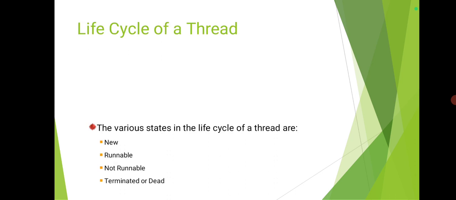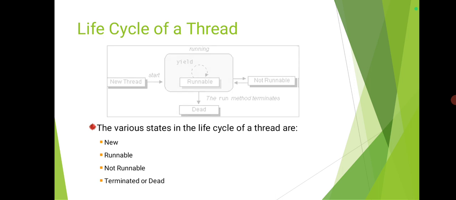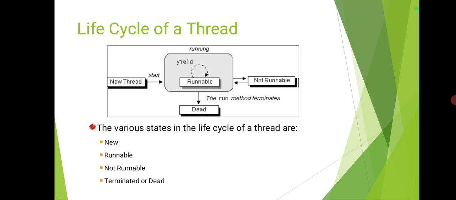We have a life cycle. Here we have four different states: new thread, runnable, not runnable, and terminated. We need to create a thread, and then it gets started. After that, it has some position: it needs to wait or sleep or get executed.